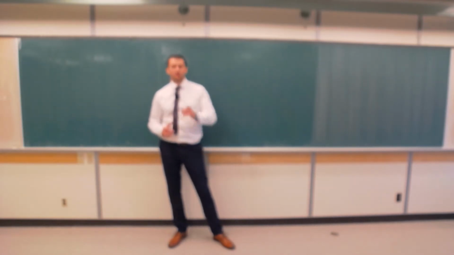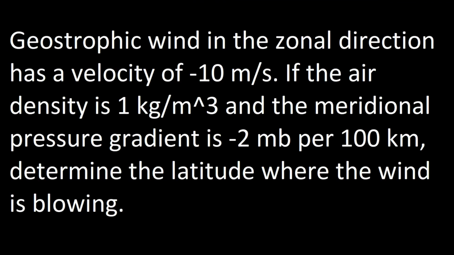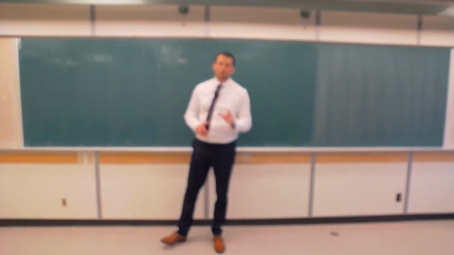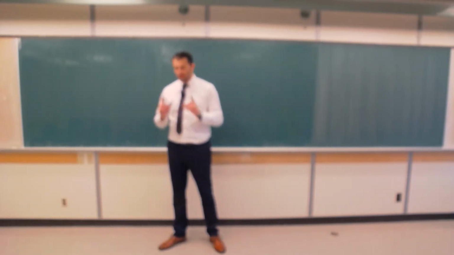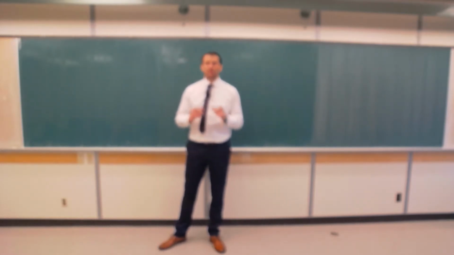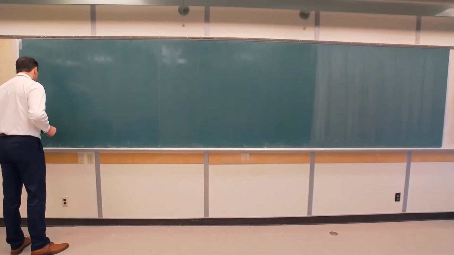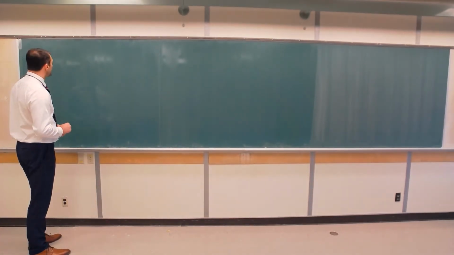In today's problem that you see now on your screen, we are asked to calculate the latitude where the geostrophic wind is blowing, if we know the pressure gradient and we know geostrophic wind.